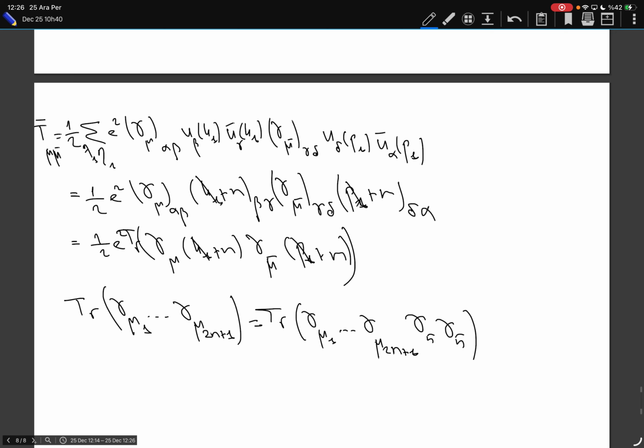You remember our gamma 5. It's the product of all four gamma matrices with an overall i. Its square is 1, so this is 1. And it has this nice property that it anti-commutes with all the other gamma matrices. So I can anti-commute this gamma 5 over all these 2n+1 gamma matrices. Each anti-commutation will bring me a minus 1. So in total, I will have (−1)^(2n+1) minus signs.